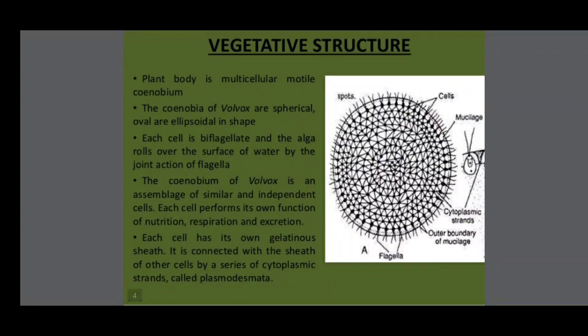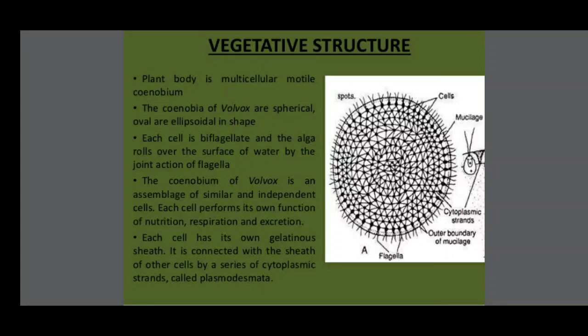Now the vegetative structure. The plant body is a multicellular motile coenobium. So this Volvox is a coenobium. Coenobium means it is a colony with a defined number of cells. That is called a coenobium, whereas a colony with a non-defined number is simply called a colony. In a coenobium, the number of cells is defined, and all the cells are connected with one another.